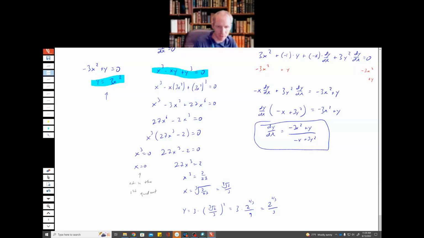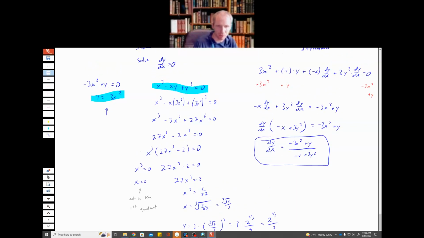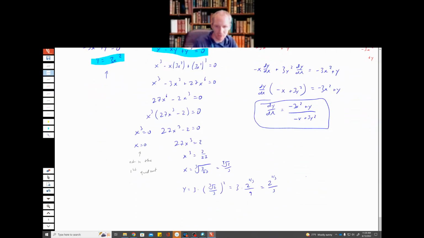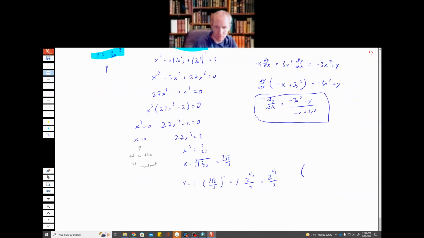Now I have an xy coordinate, and that's all I'm looking for. It says find the coordinates of the point. Okay, so the coordinates of this point are, my x value is, you could write this as cube root of 2, or I could write it as 2 to the 1/3 over 3, and then 2 to the 2/3 over 3. And I think that's probably the easiest way to write the coordinates of that point.